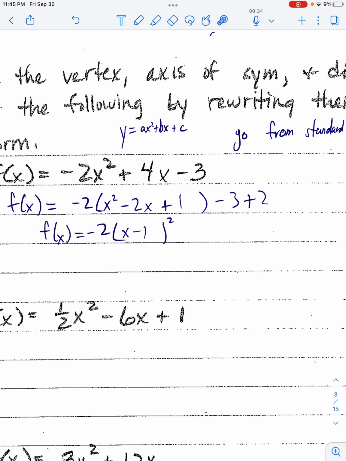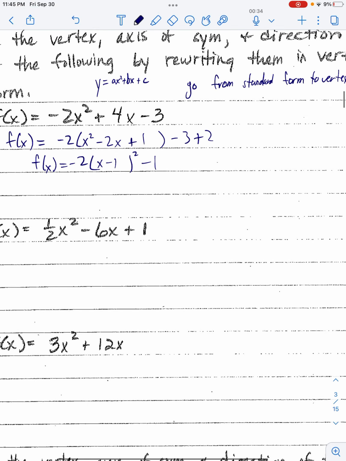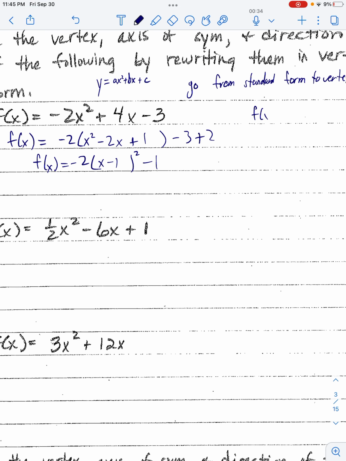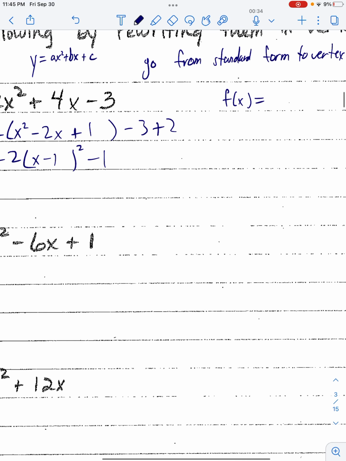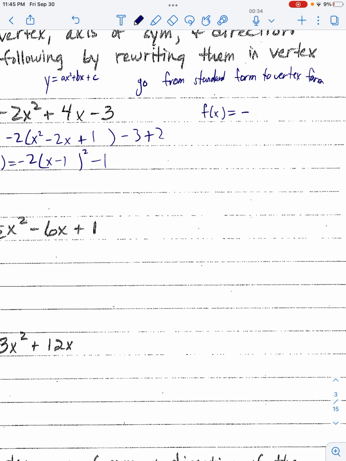If we FOIL this back out, we can check, okay? Then negative 3 plus 2 is going to be negative 1, or minus 1. We can check to make sure we did that right. f of x equals negative 2 times x minus 1 times x minus 1, minus 1. Let's FOIL first: x squared, outer negative x, inner negative x, last plus 1, minus 1.